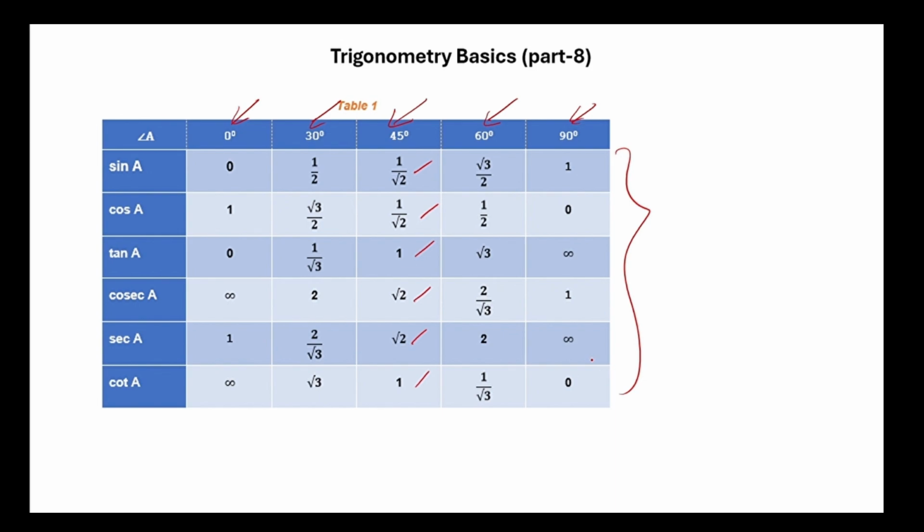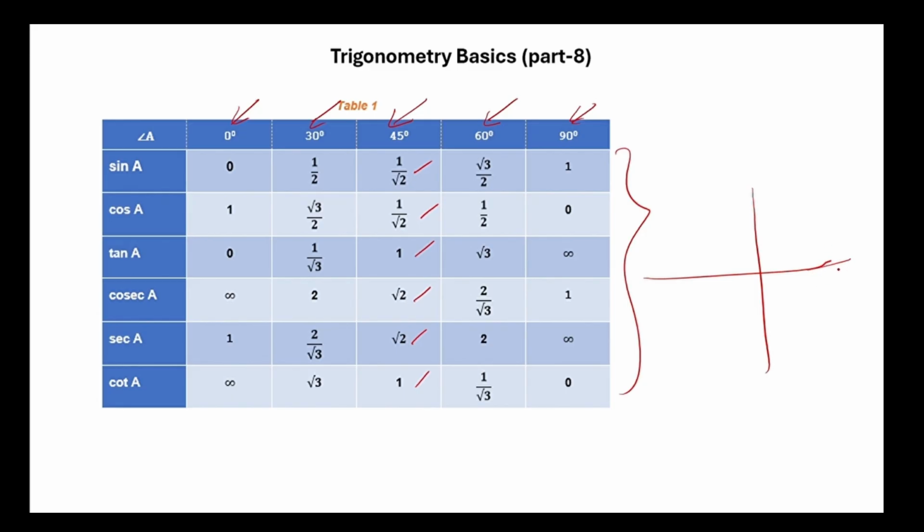So I provided the procedure to find all these fixed trigonometric ratio values at different angles. Actually, you don't need to remember all these angles or all these values, although the majority will remember these formulas.